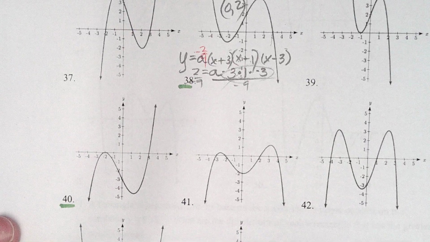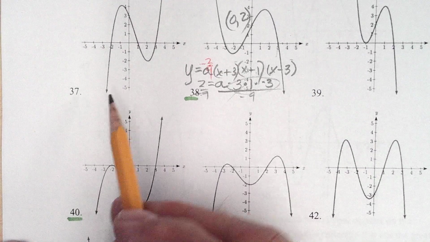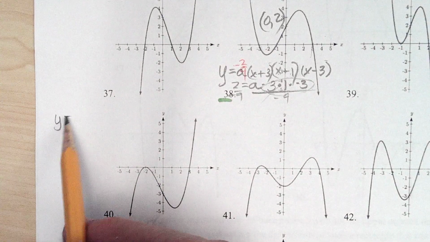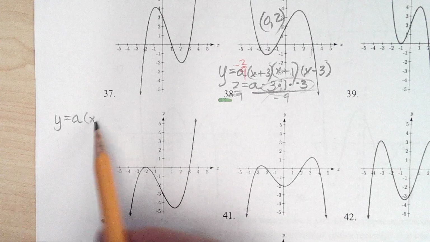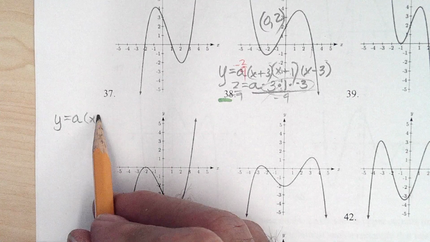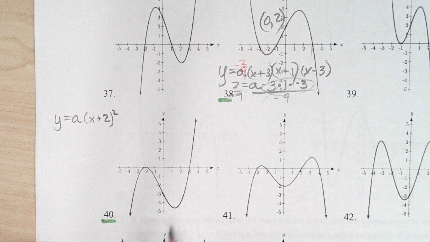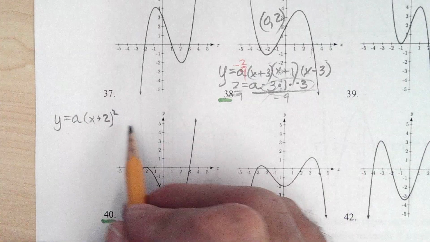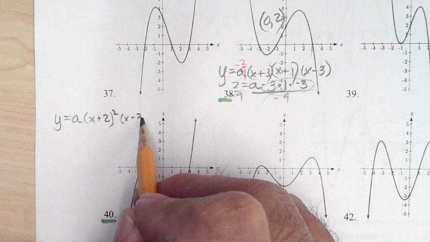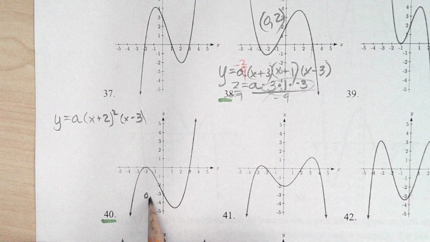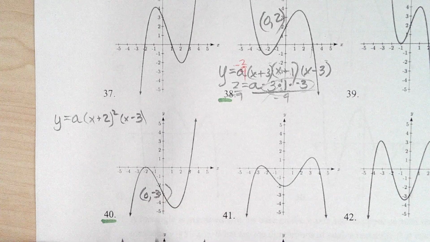Number 40. So it's got y equals a times x plus 2, bounces, squared, and x minus 3. It goes through 0, negative 3.